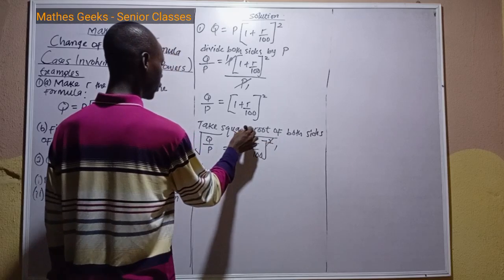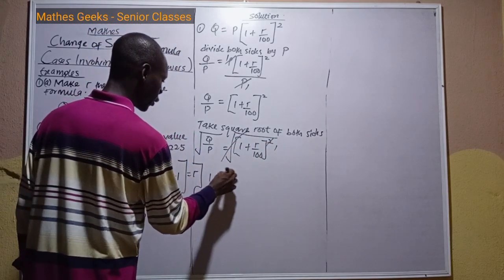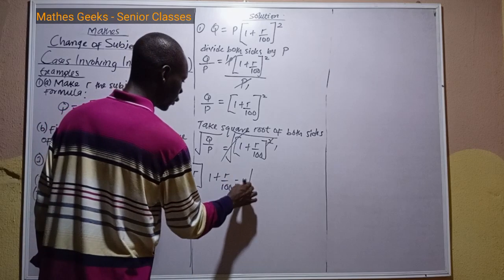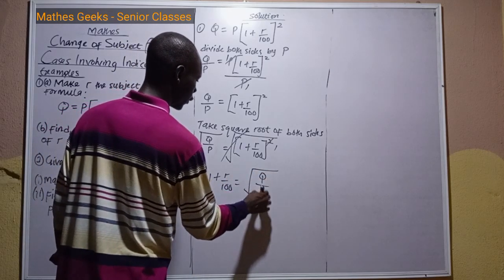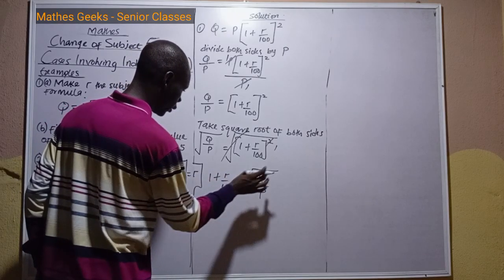So 3 over here we cancel. So let me write this here: 1 plus R over 100 equals the square root of Q over P. The next thing is to eliminate 1 from here.